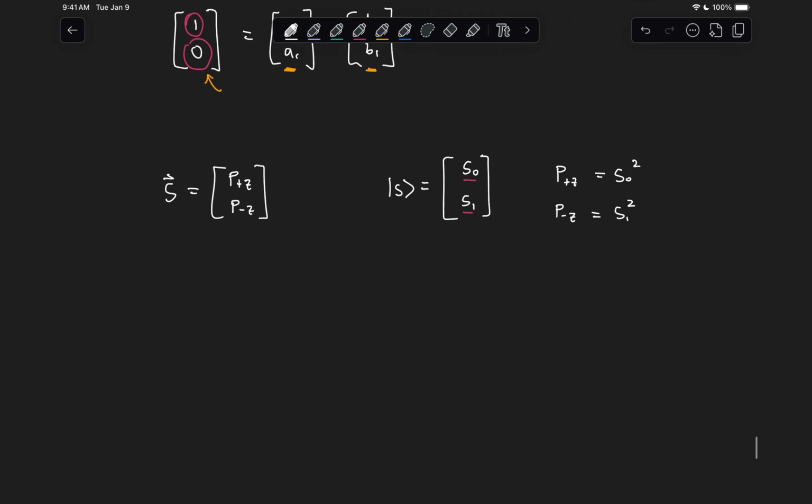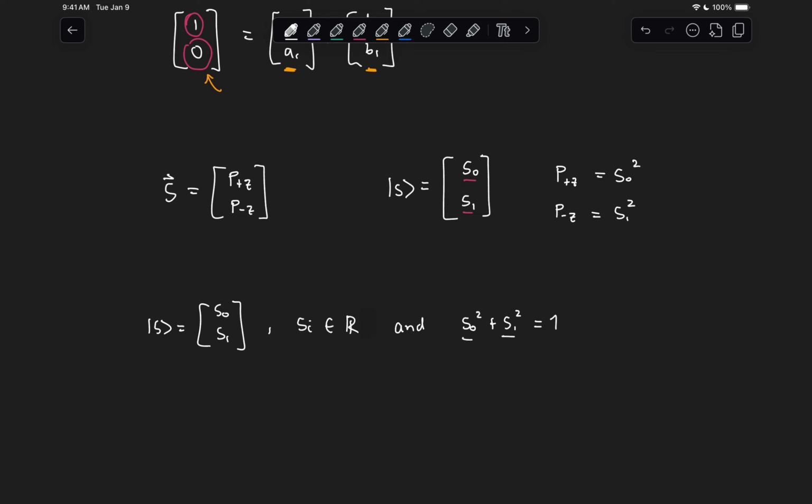So in general, this vector S with components S0 and S1, where the S sub i's are real numbers, must also meet the condition that when we add together their values squared, they must be equal to 1, because these represent probabilities.